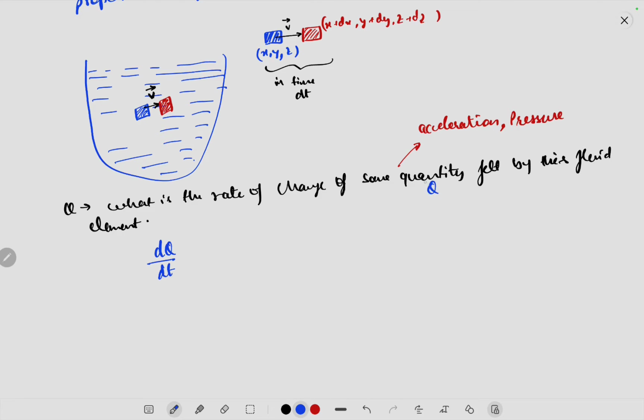Let's say that quantity was q, so the rate of change of quantity associated with this fluid element is dq by dt.